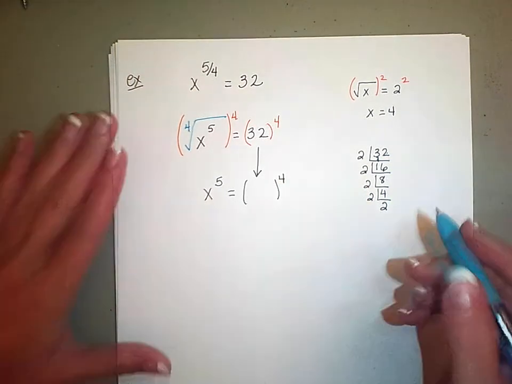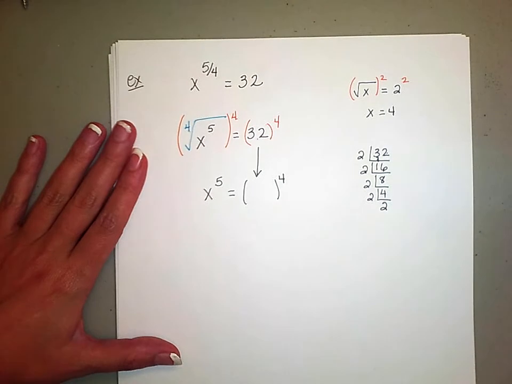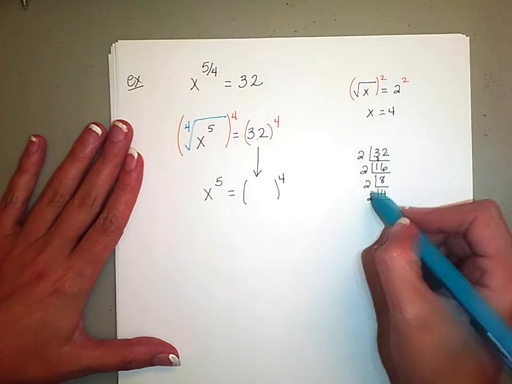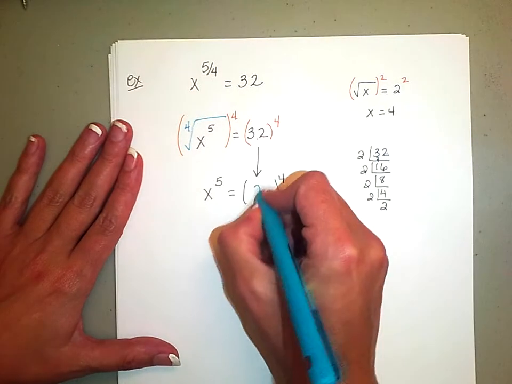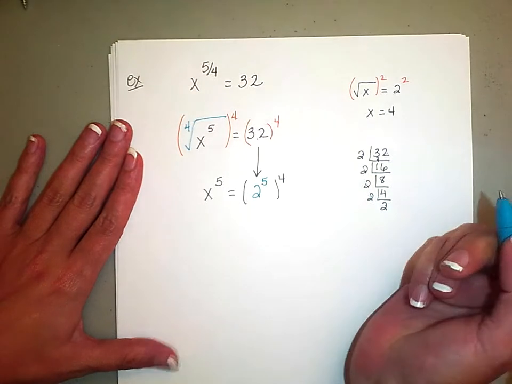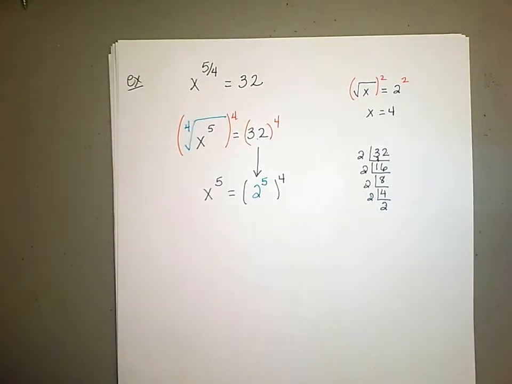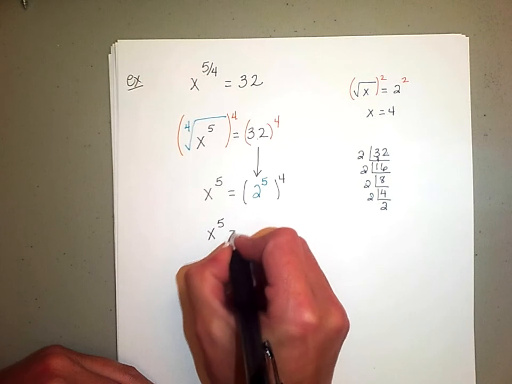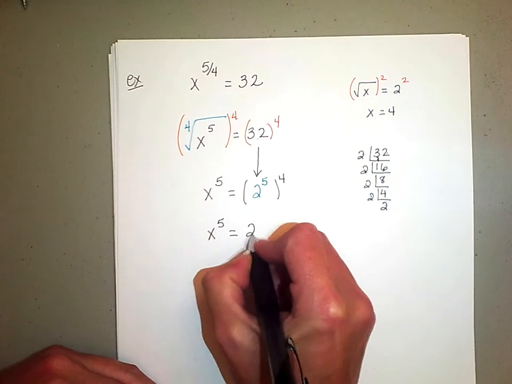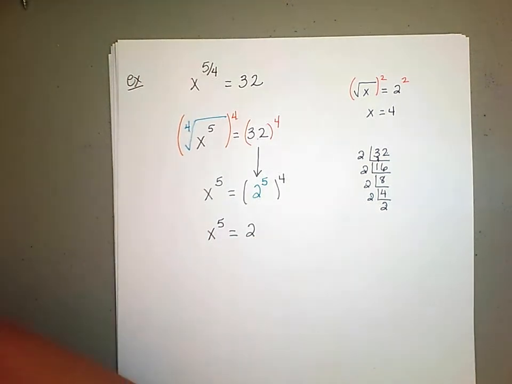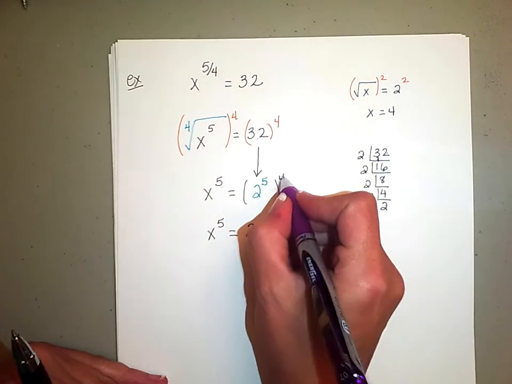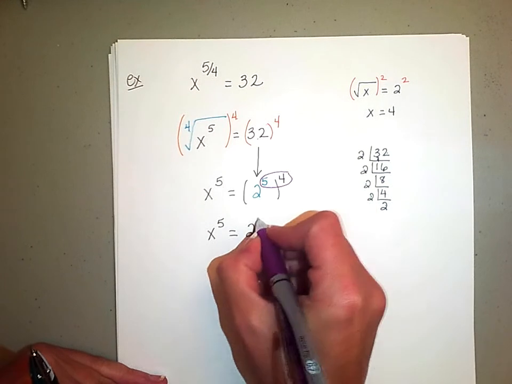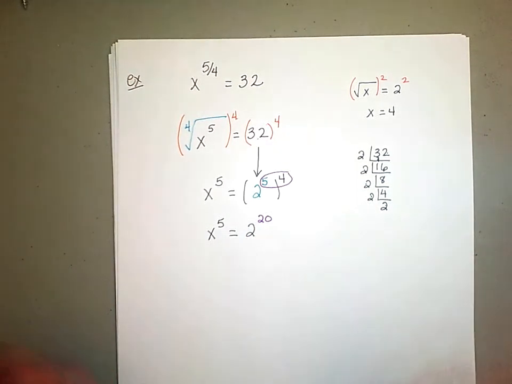So what that means then is that 32 is 2 to the 1, 2, 3, 4, 5, 2 to the 5th power. So our equation is looking like x to the 5th is now 2 to the, remember if you're going power to power, you multiply these exponents. So x to the 5th is equal to 2 to the 20th.